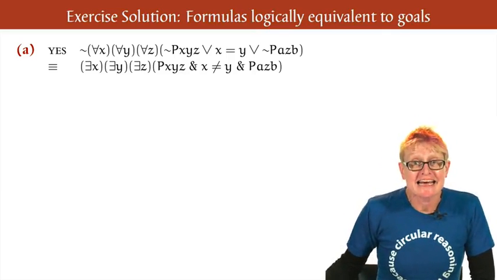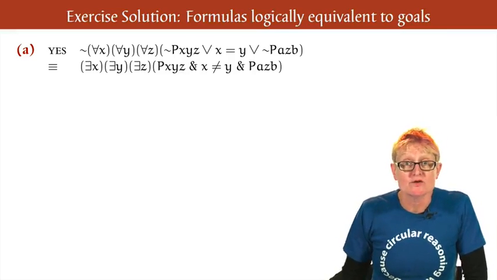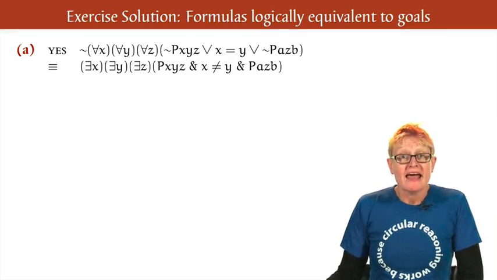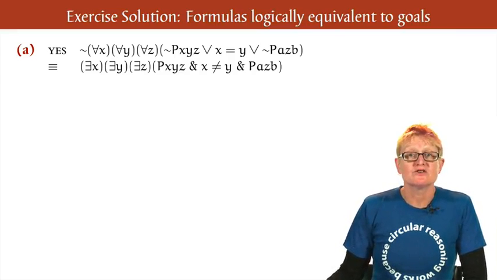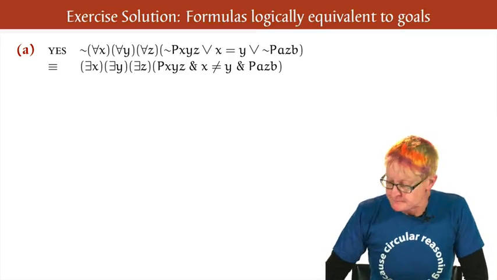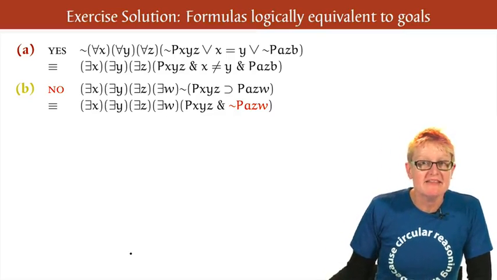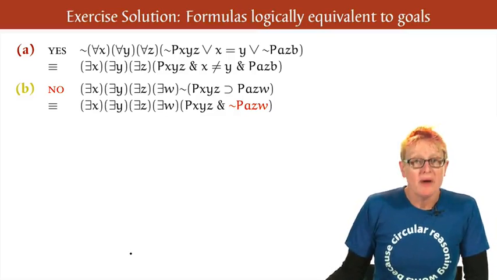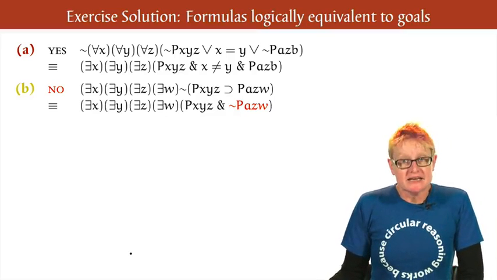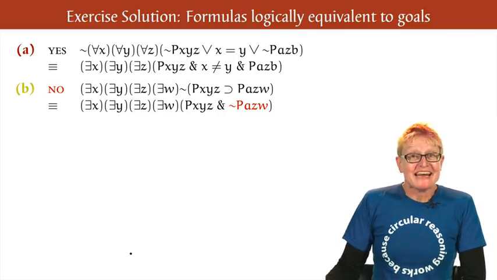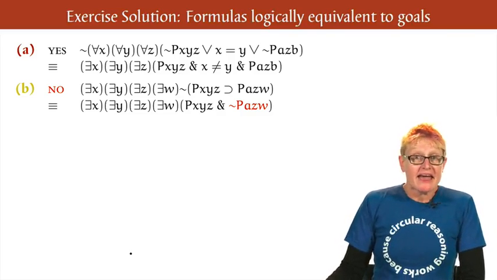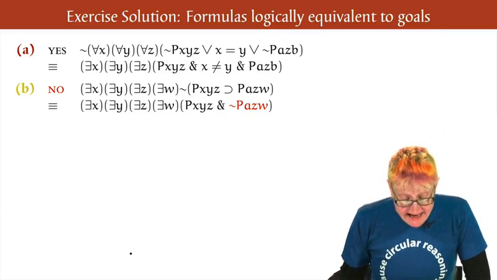Option A is yes, apply De Morgan's law to the inner core of the formula, and then that not for all not is equivalent to there exists. For B, the answer is no. Apply first the negated conditional equivalence, and the inner core contains a negated star atom that cannot be moved by any means.